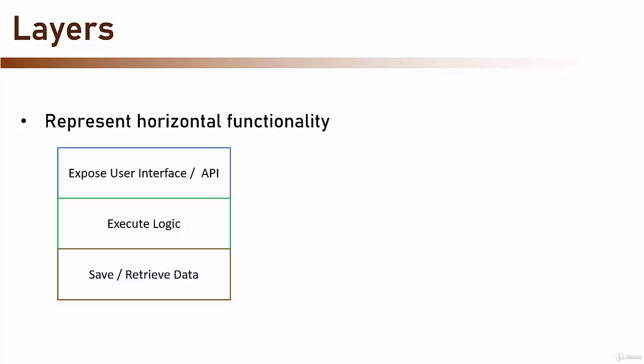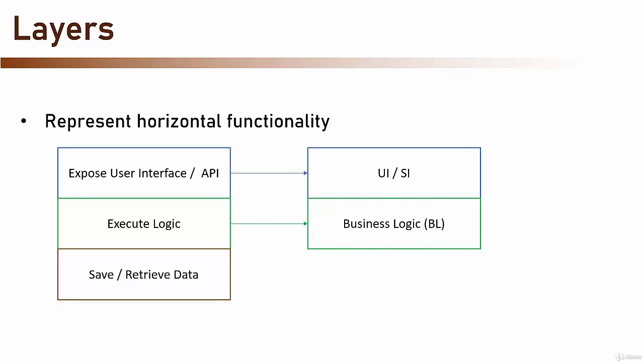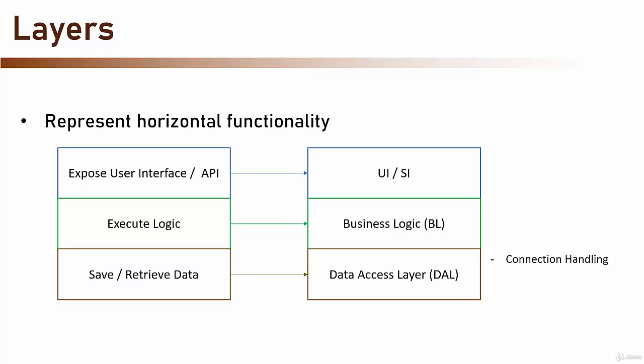Now, when talking about layers, we map a layer to each one of these tasks. And so, we have the user interface or service interface layer, called often UI or SI, the business logic layer or BL, responsible for executing the service's logic, and the data access layer or DAL, responsible for handling all aspects of data access, such as connection handling, querying and saving data, and transaction handling.